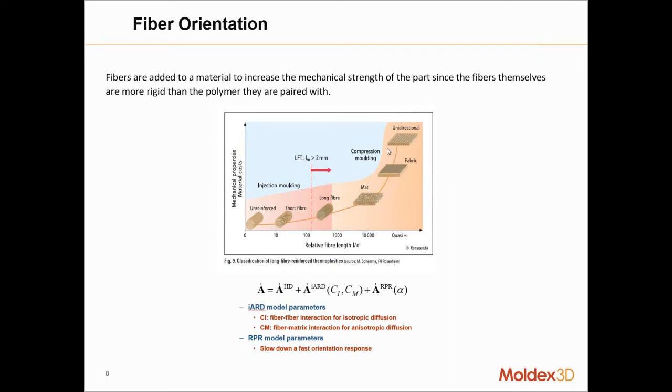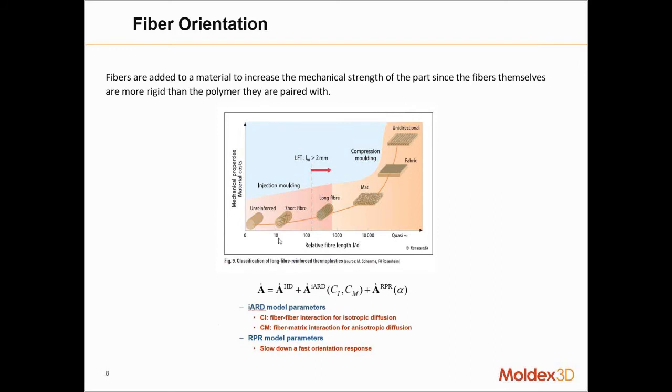Even with unidirectional fibers, those have a lower modulus and can be quite heavily impacted by the compression molding process. So I'm going to be talking primarily about injection molding, although we can do compression molding in Moldex3D. I'm going to be talking primarily about injection molding throughout this session.